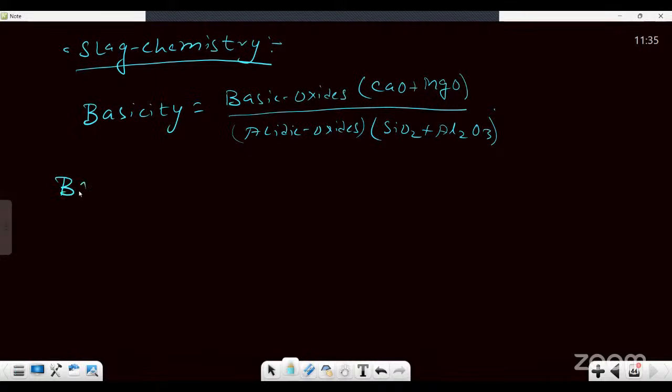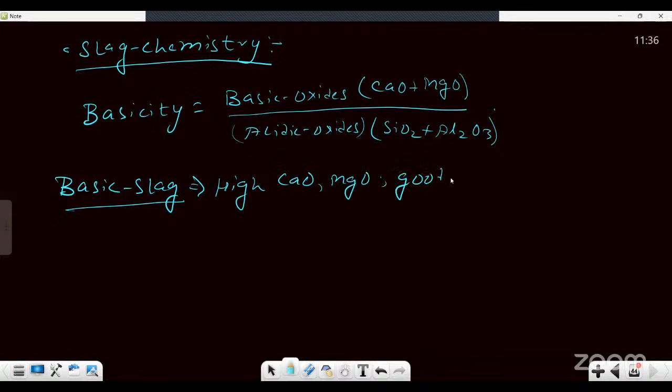So if the slag is basic, it means high CaO, MgO, good for phosphorus and sulfur removal, and it is preferred in modern blast furnaces. And acidic slag is not good for the purification processes or the refining.